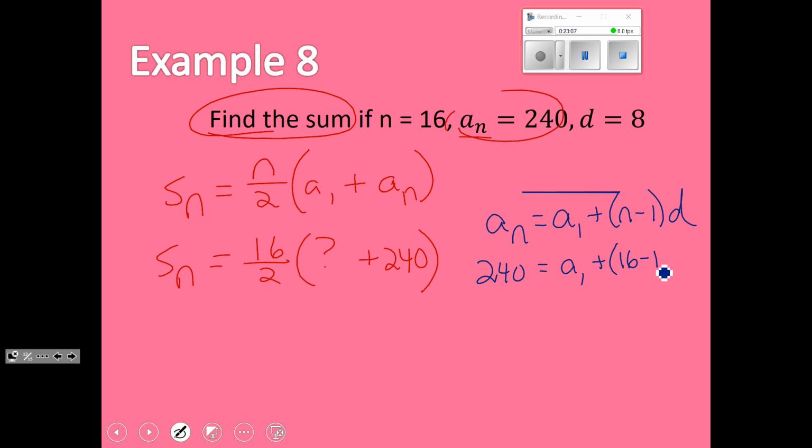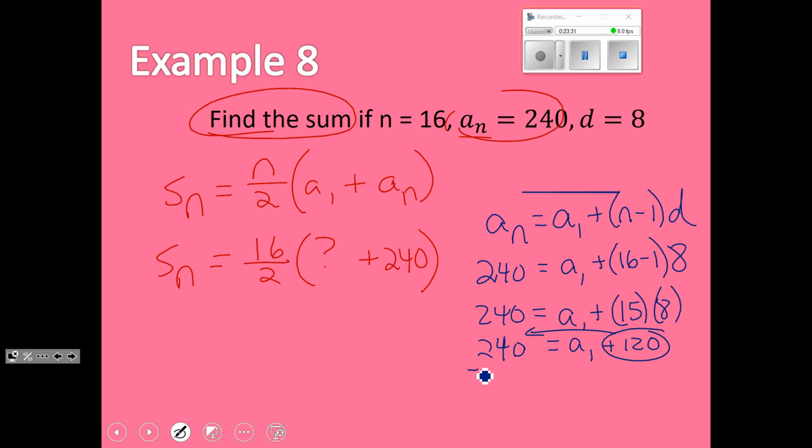We're going all the way to the 16th term, and our common difference is 8. So then I'm just going to solve this. 15 times 8. So 15 times 8 is 120. So a sub 1 is equal to 120.